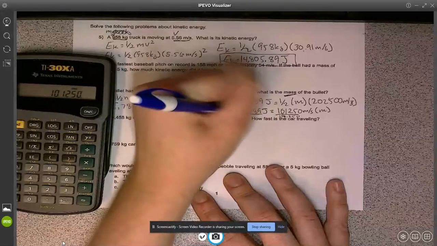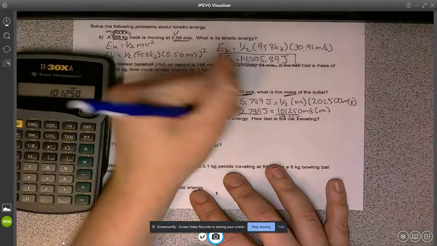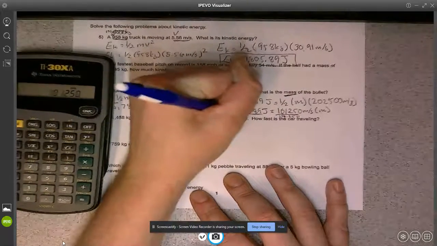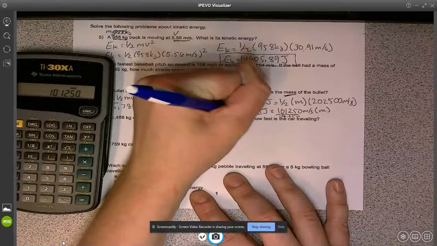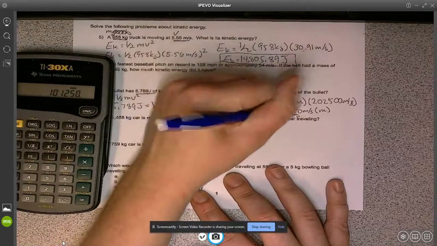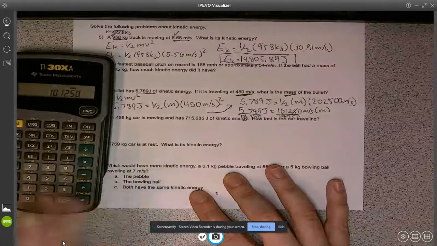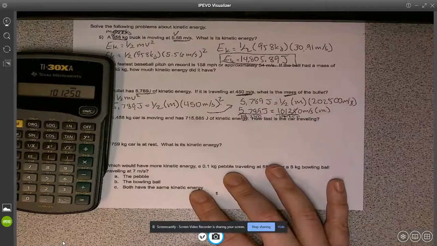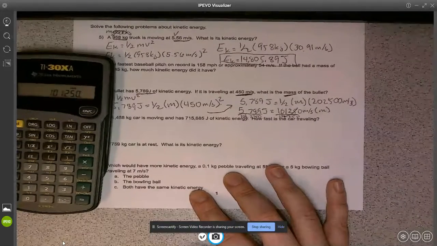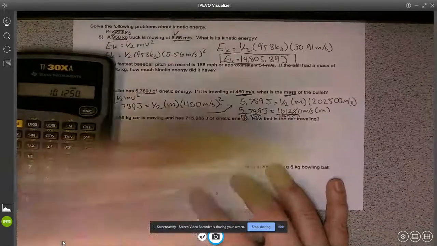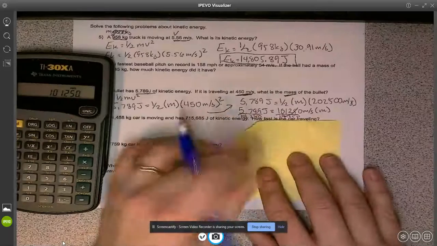And you can do this right on the calculator. You don't even have to try to fit everything in if it can't fit, but I like to fit everything in because it keeps me focused. So now I'm left with, oh, we need more room. So now I'm left with my mass on one side.